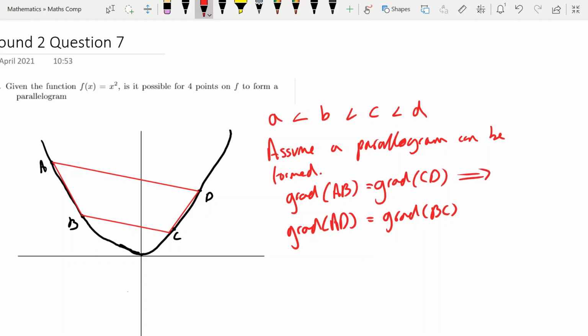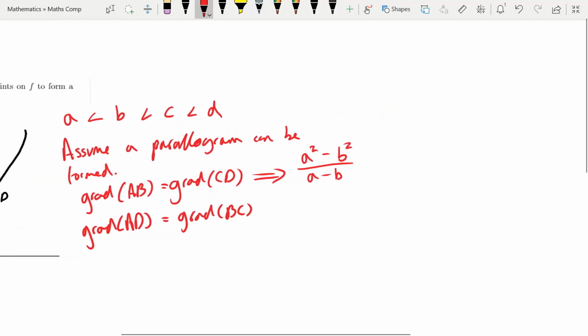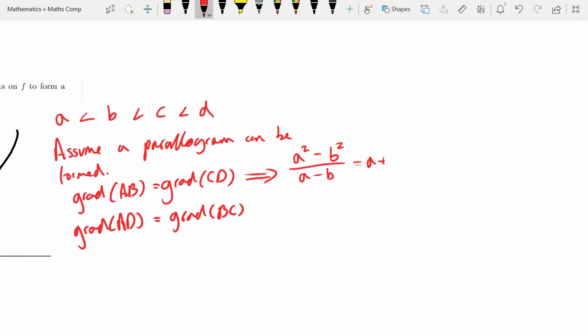So the gradient of AB, well, that's just a squared minus b squared over a minus b. So this is the change in y over the change in x, and this is equal to a plus b. So this is the gradient of AB.